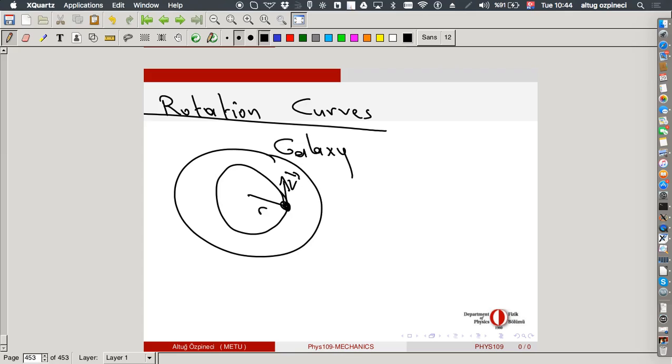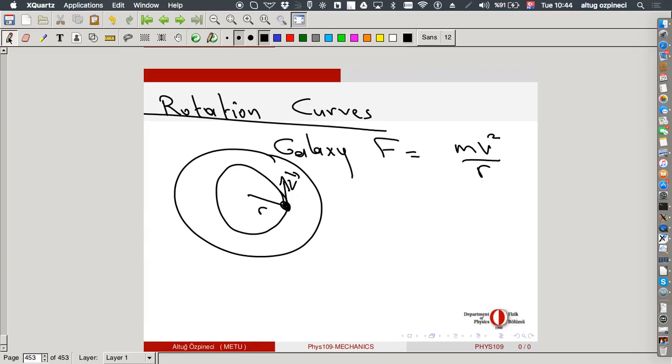So what should be the centripetal force acting on it? It's toward the center, and its magnitude will be equal to the mass times its speed squared divided by the distance from the center. Oh, sorry, not Newton's constant, sorry. This should be the force acting on this star.